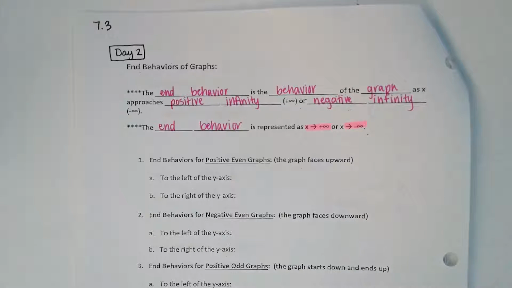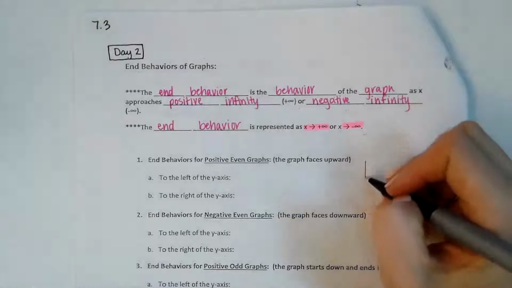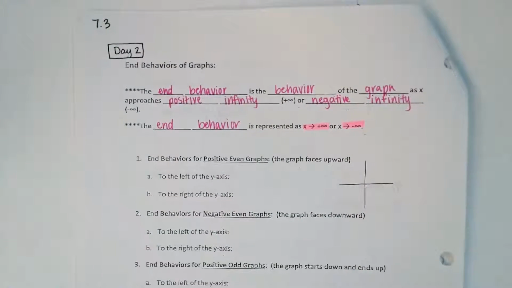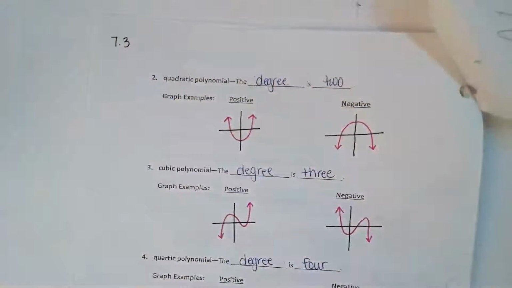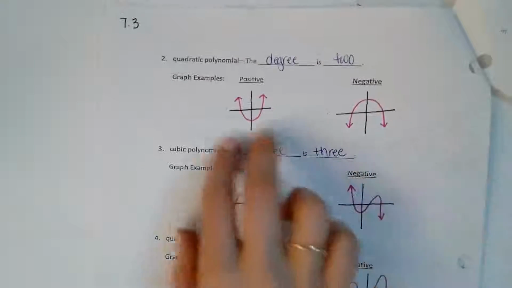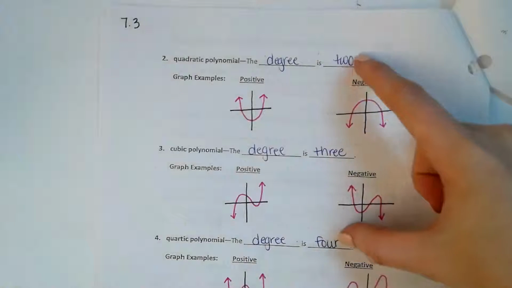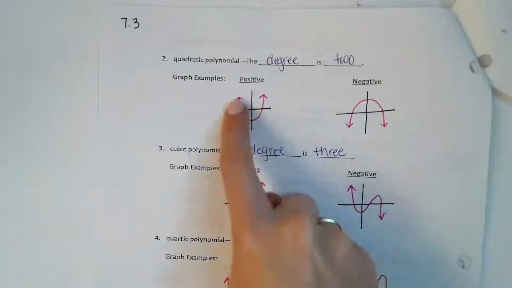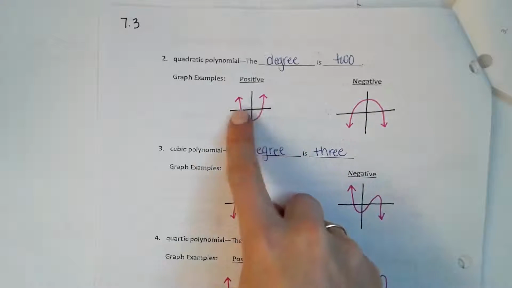So, a positive even graph. An even graph has degrees that are even numbers, so 2 or 4, and positive meaning that both ends are going upwards like this.